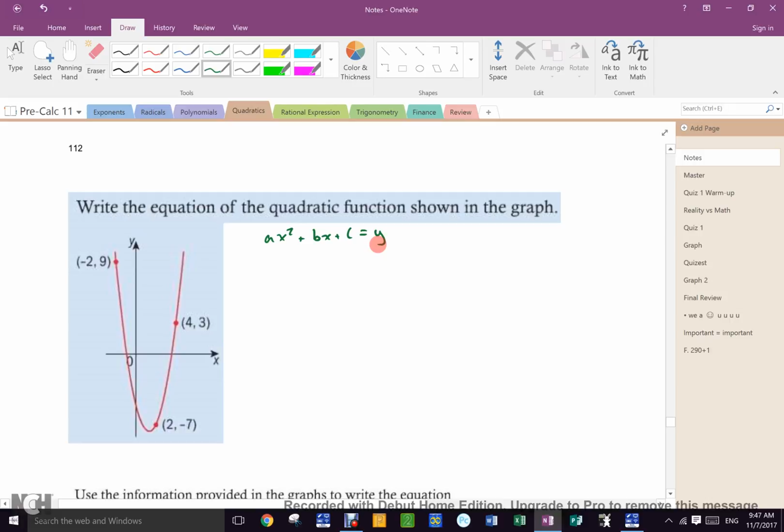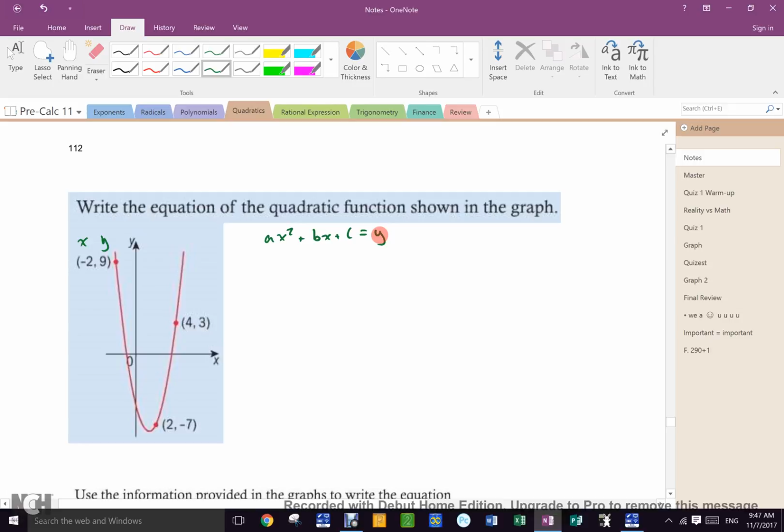I have coordinates, don't I? And those coordinates are all in what form? What's that? An x. What's that? A y. So, what can I do?